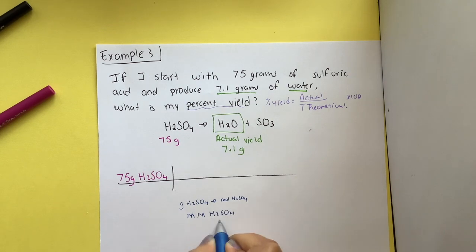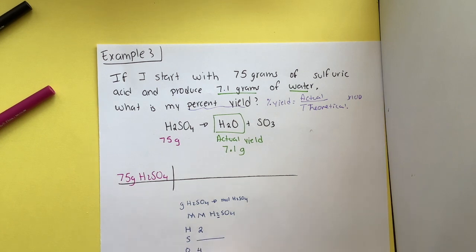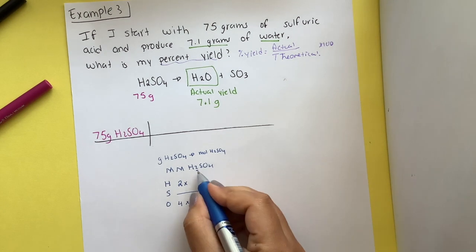Okay, so to find the molar mass of H2SO4, I have hydrogen, sulfur, and oxygen. I have 2 hydrogens, 1 sulfur, and 4 oxygens. So I'm going to multiply how many of each I have times their mass. Hydrogen, I have 2 of them.